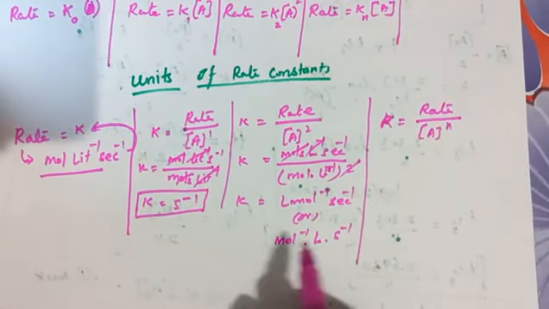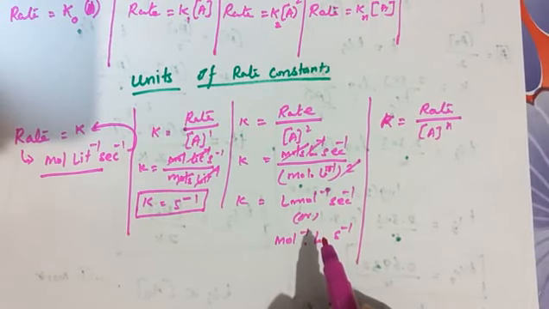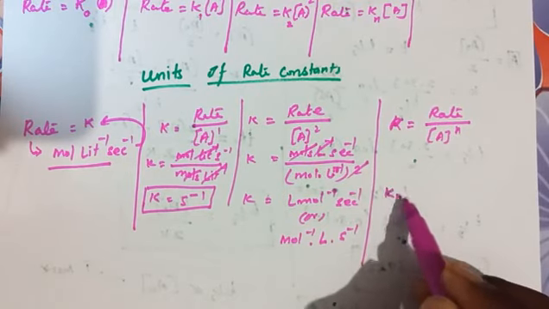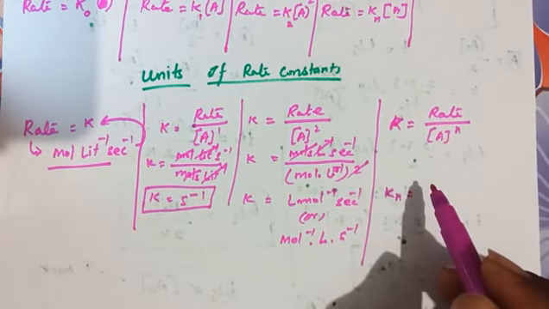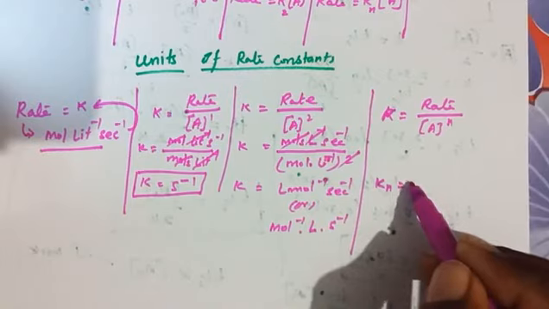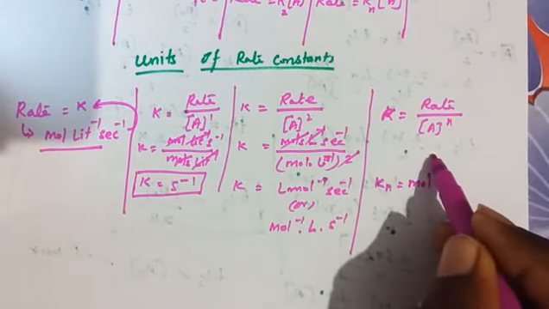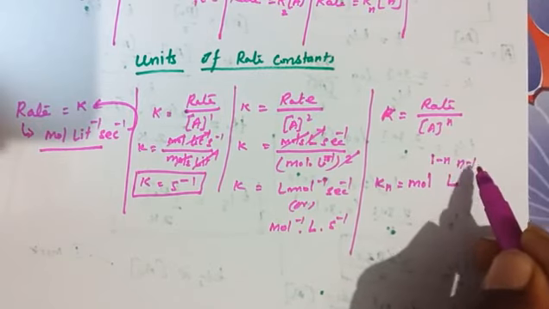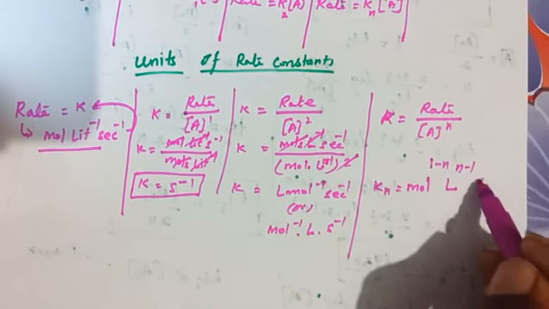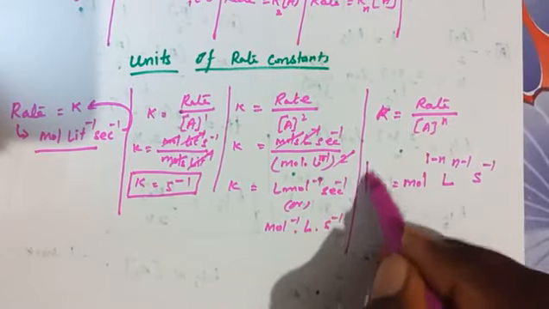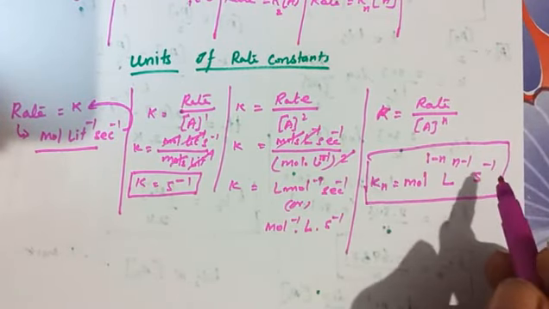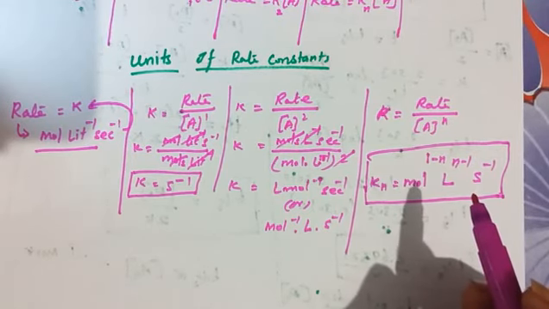From the zeroth, first and second order, the unit of nth order rate constant is equal to mole 1 minus n liter n minus 1 second inverse. This is a generalized unit measurement formula for any order reaction, that means 0, first, second and nth order.